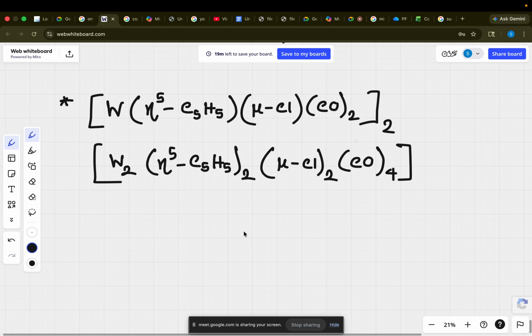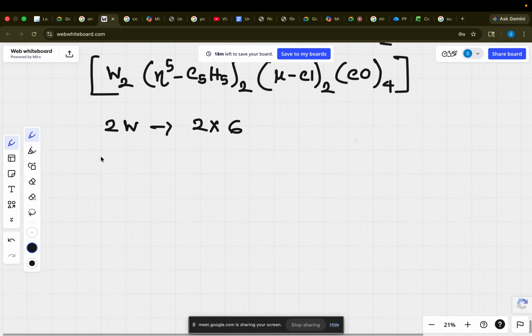What are you getting? 26. So 2 tungsten will donate how many electrons? 2 into 6, 12 electrons. Then 2 eta 5 C5H5.